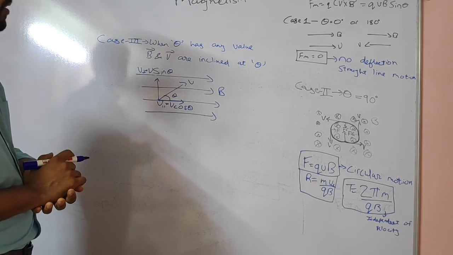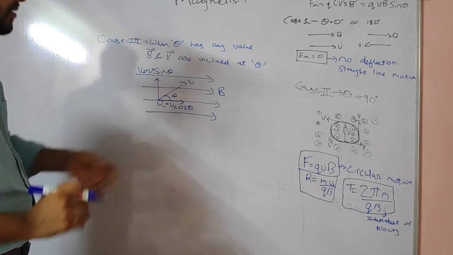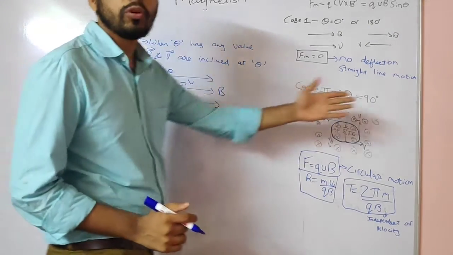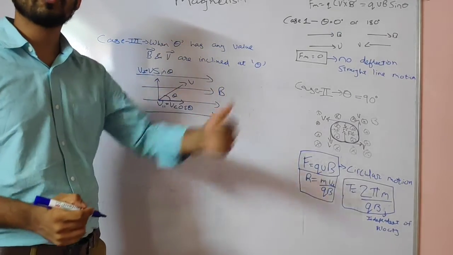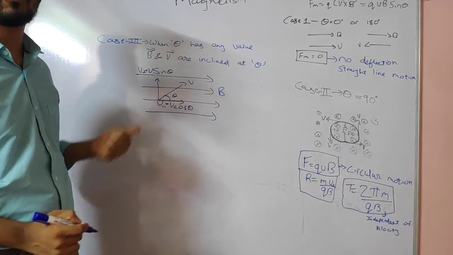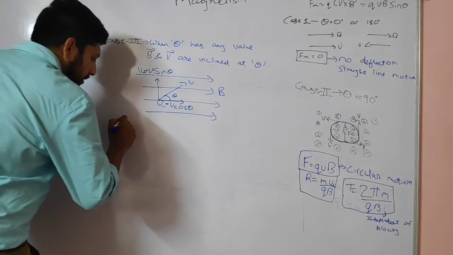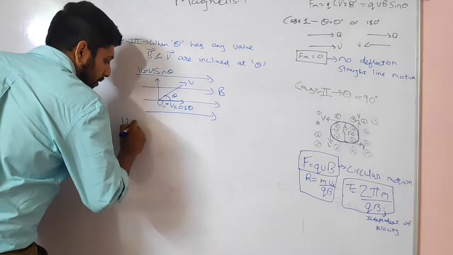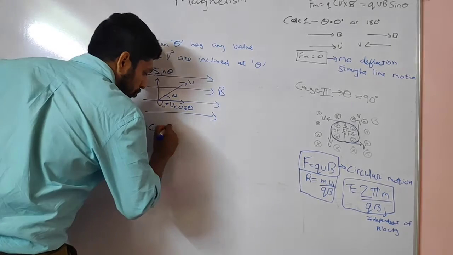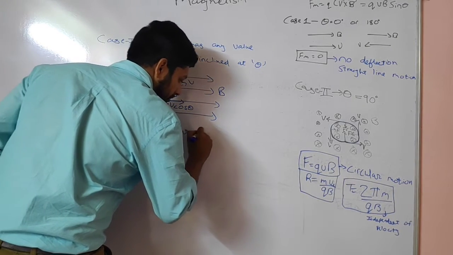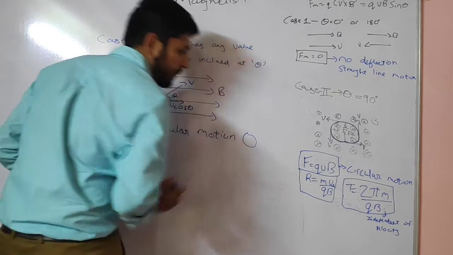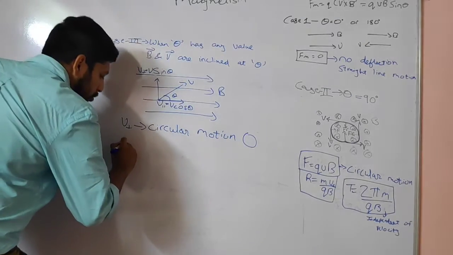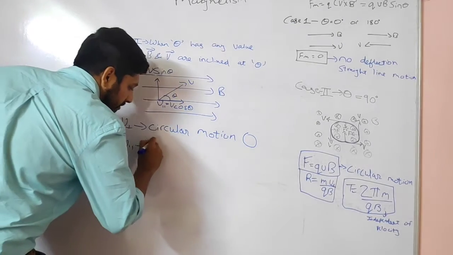So what is happening over here? The parallel component gives straight motion, and the perpendicular component gives circular motion. Due to the perpendicular component it is getting circular motion this way, and due to v parallel it is getting straight line motion.